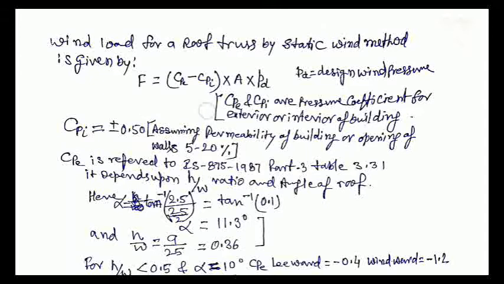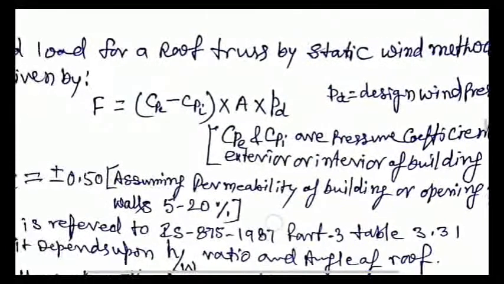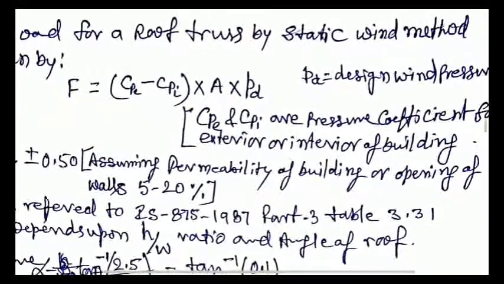F will be coefficient of external pressure minus coefficient of internal pressure, this multiplied by area of the node panel into PD. PD is the pressure on the truss.